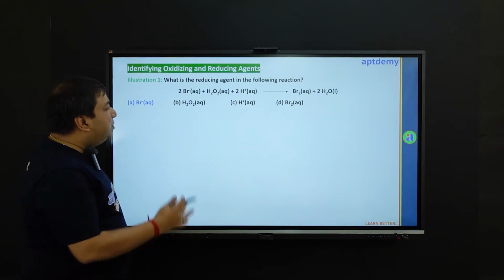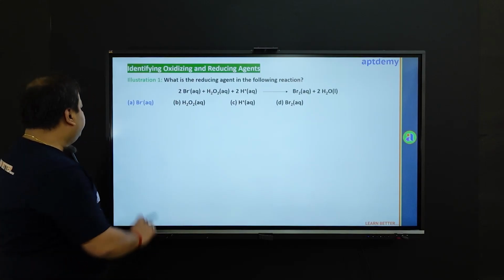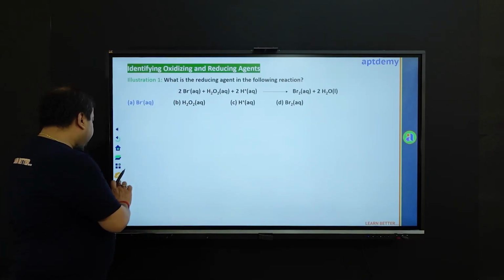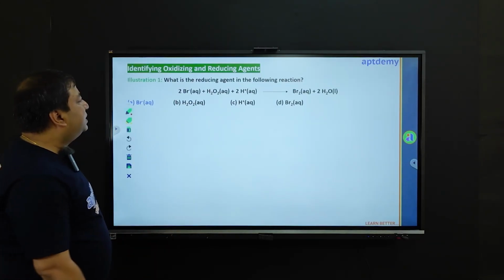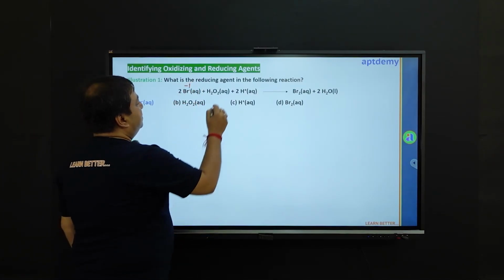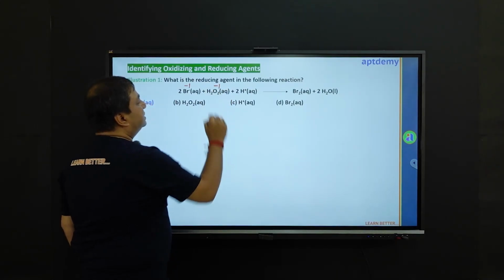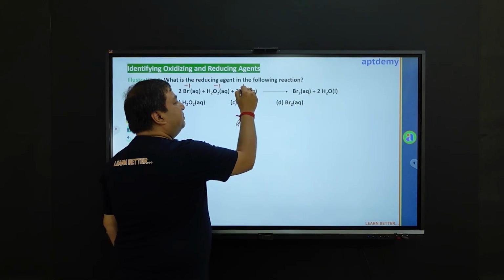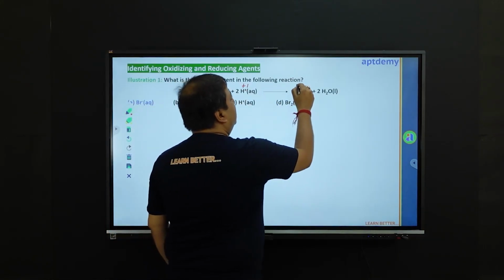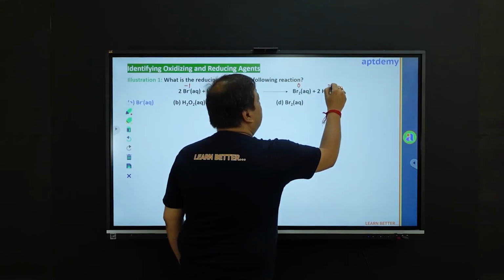To find out which one is the reducing agent, we will assign the ions and molecules their oxidation states. Bromide is -1, oxygen in a peroxide is -1, proton is +1, Br2 is 0, and oxygen inside water is -2.